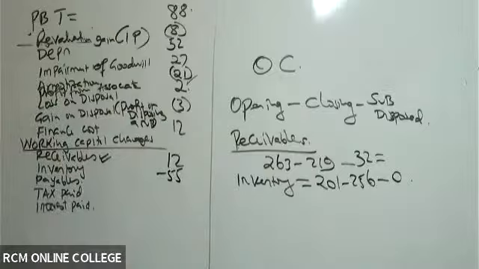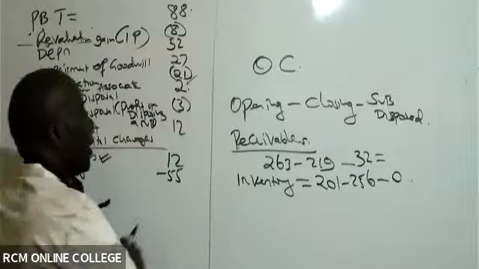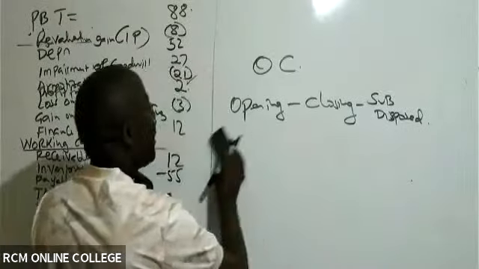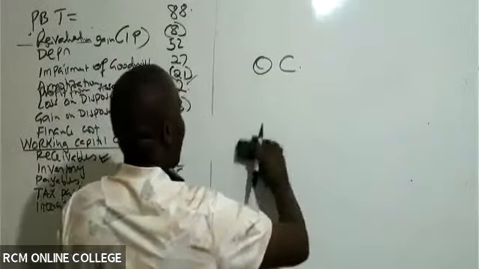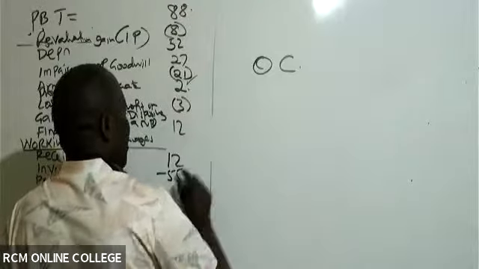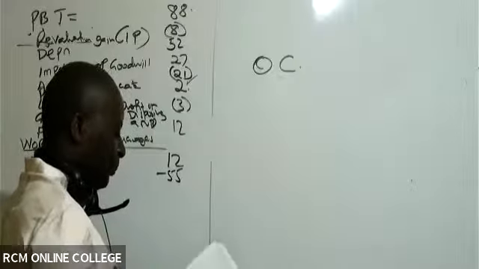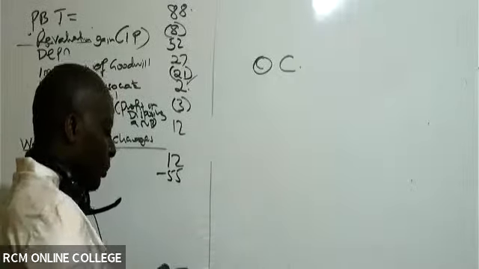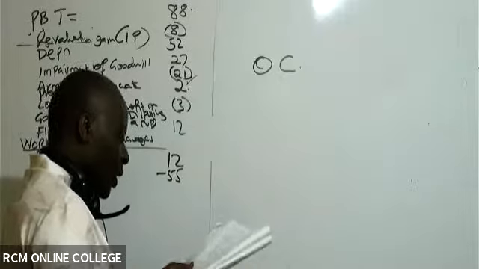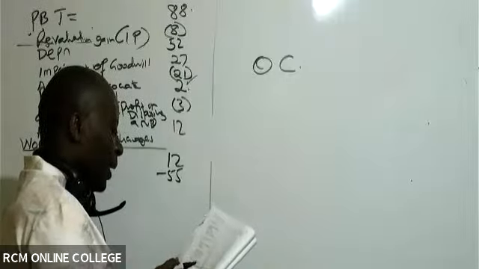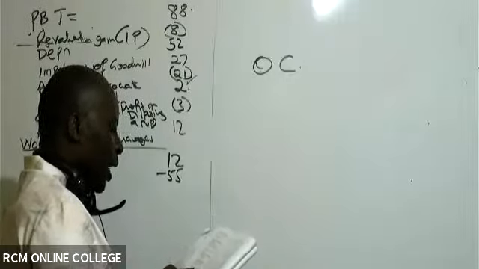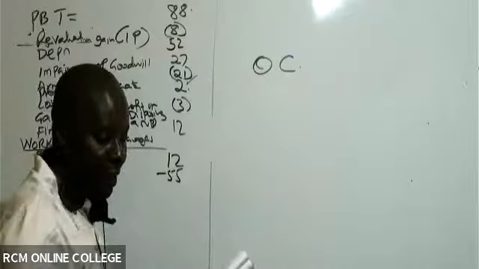Now for payables, not many will get payables easily. So for payables, you must be quite knowledgeable. So for payables, we have opening. Are you able to see the opening payables under current liabilities? Yeah, 486.